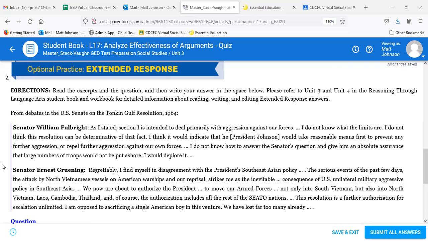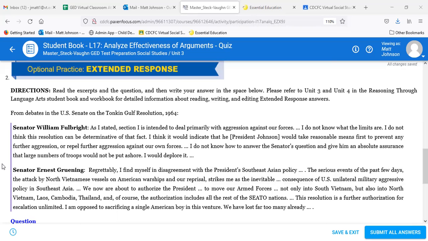Fulbright does not offer much evidence, right? We see he says that I think it would indicate that President Johnson would take reasonable means first to prevent any further aggression or repel further aggression against our own forces. I do not know how to answer the senator's question.